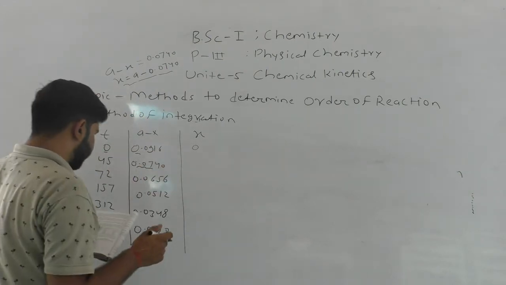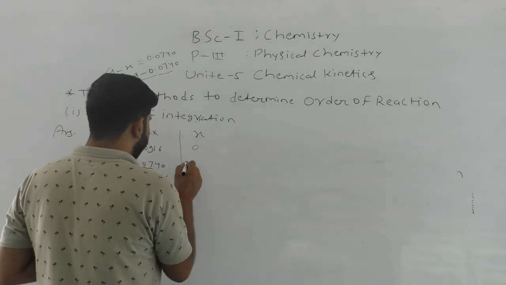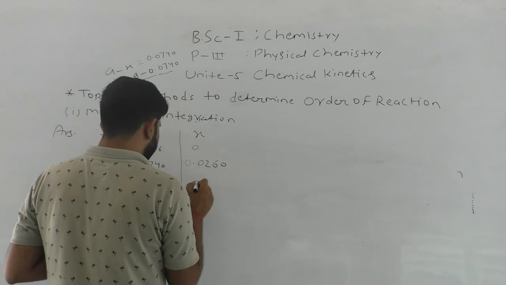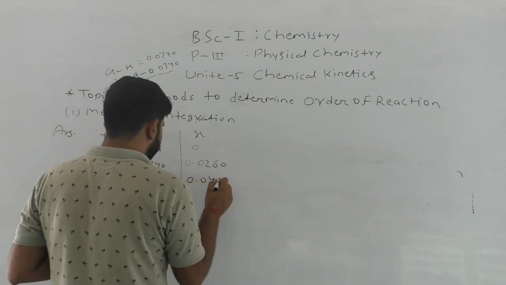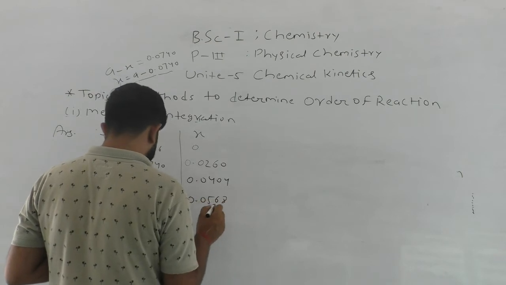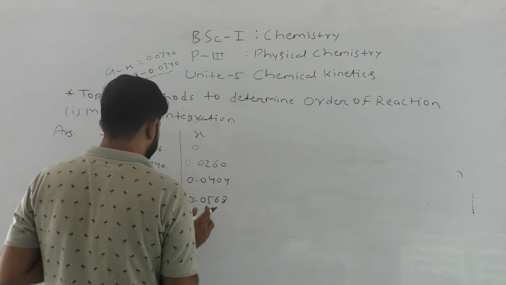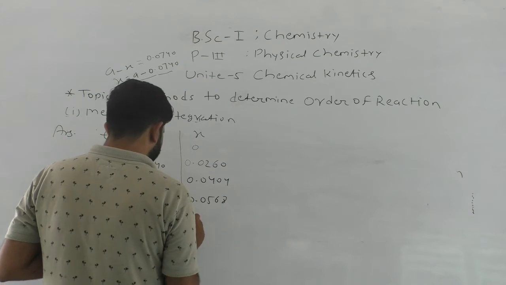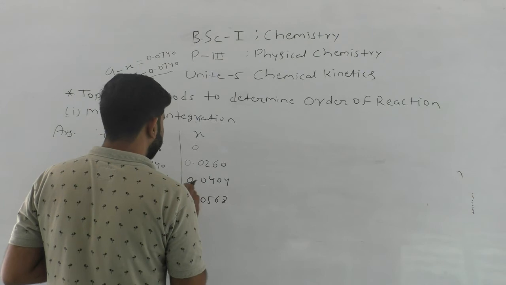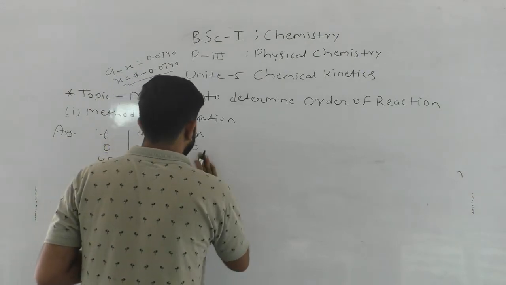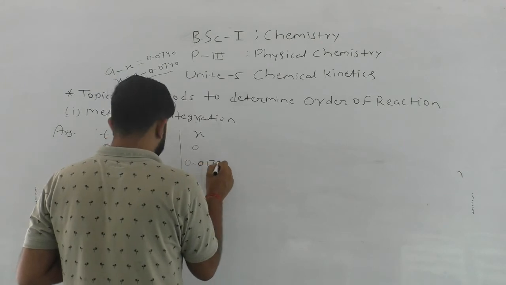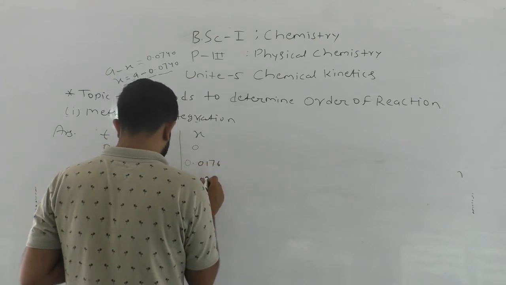These give us values of X like 0.0260, 0.0404, 0.0568, 0.0176.